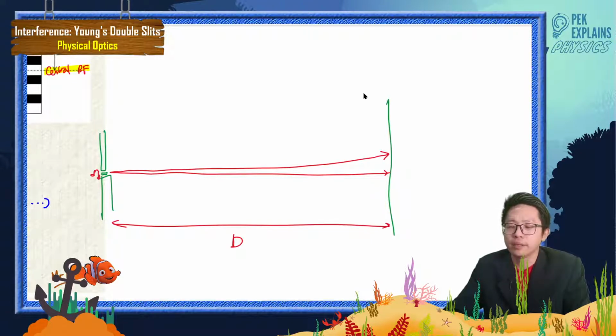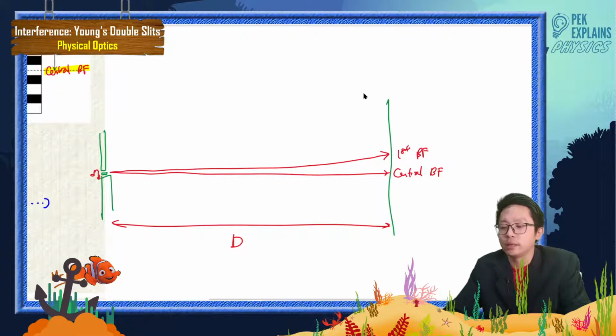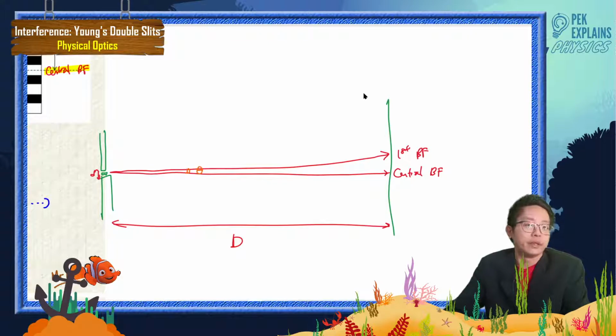This is the central bright fringe, and this is the first bright fringe. That's why the angle theta turns out to be very small. Understand? Because the separation between two slits is too small.